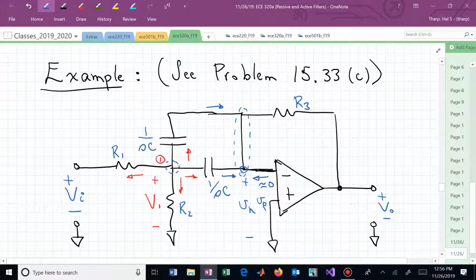And let's have this one and that one. We now have effectively 3 non-zero currents going into that node, the big node, the encircled node, to write a KCL equation with respect to.